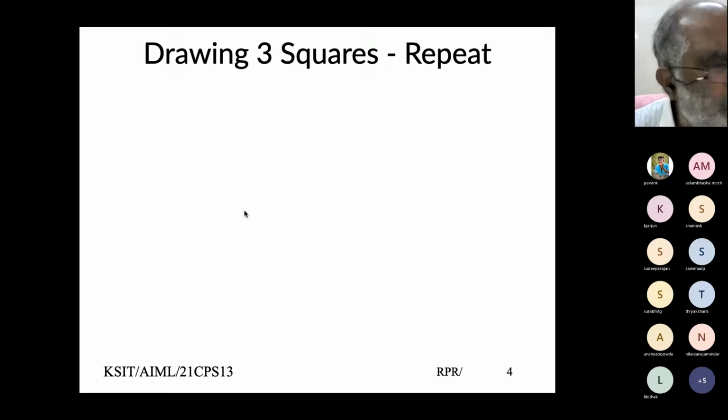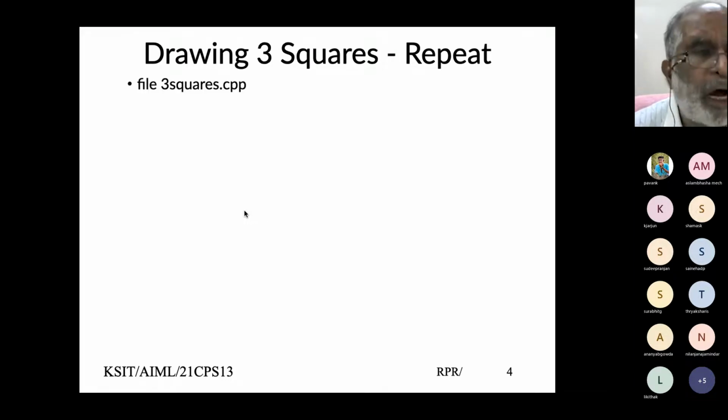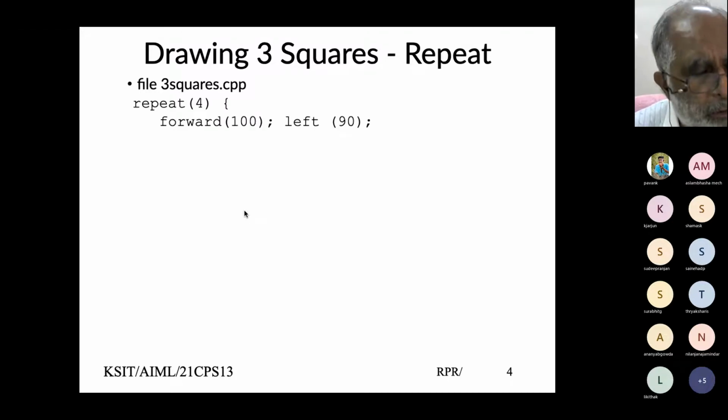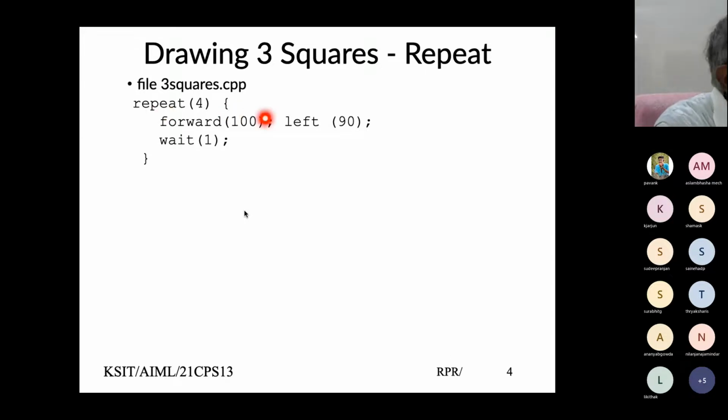If I need to draw three squares, what I do is repeat this same block. So I have a block for drawing one square: repeat 4 times, forward 100, that means draw a line of 100 pixels, turn left, wait just so that we can see an impact. And this will draw one square.